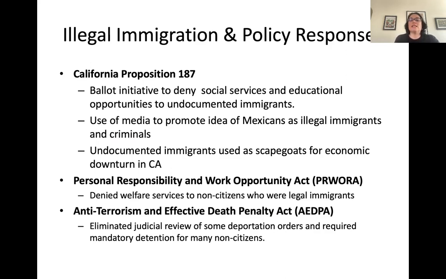So here you really see this nativist sentiment arising, where there was this sense that social services, health services, educational services, and so on should only be provided to native-born citizens.